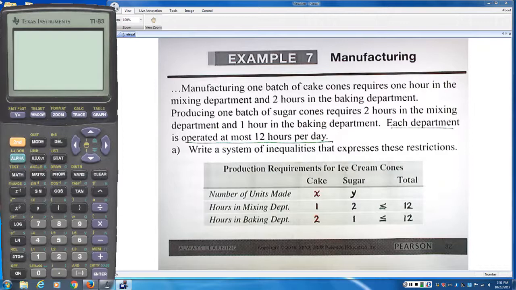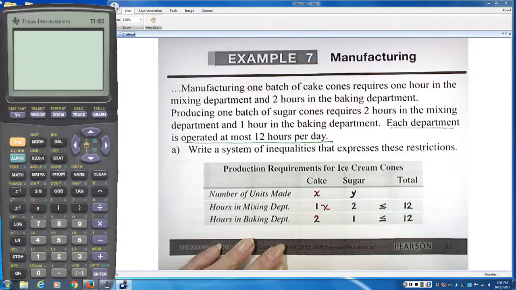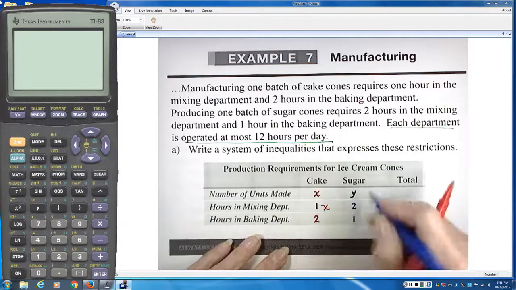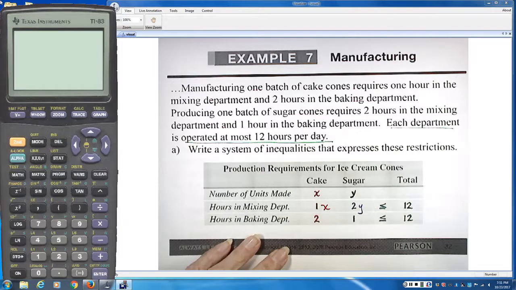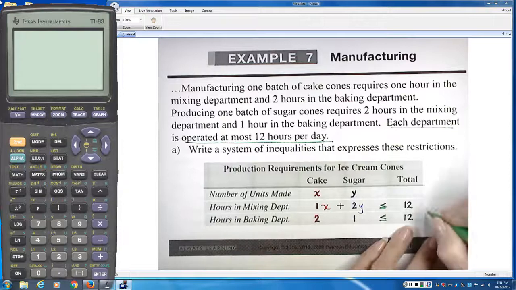So that actually gives us in our equations, because our equations are 1x plus 2y is equal to or less than 12. There's our first inequality. This is our first constraint.